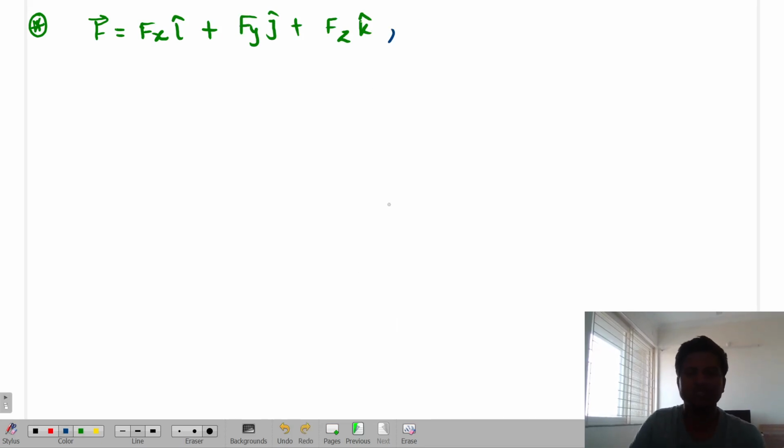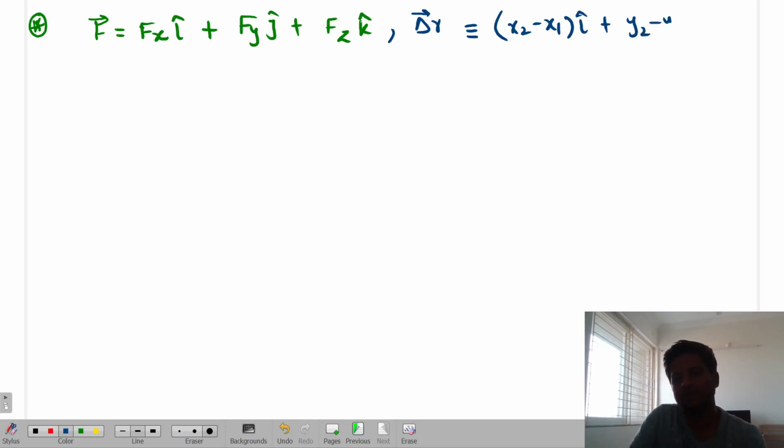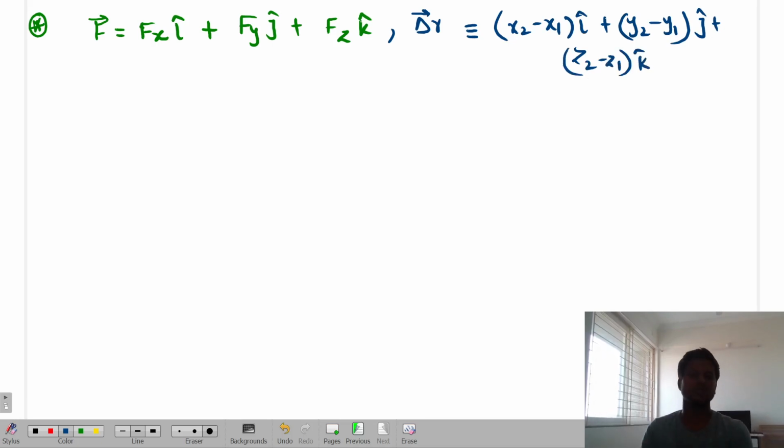We know that the displacement vector is represented by delta r, and that is written as (x2 minus x1) i cap plus (y2 minus y1) j cap plus (z2 minus z1) k cap, isn't it?